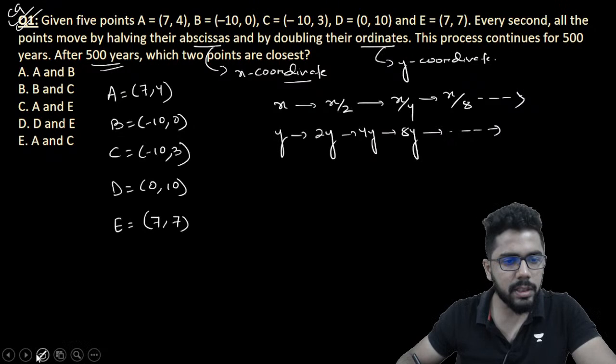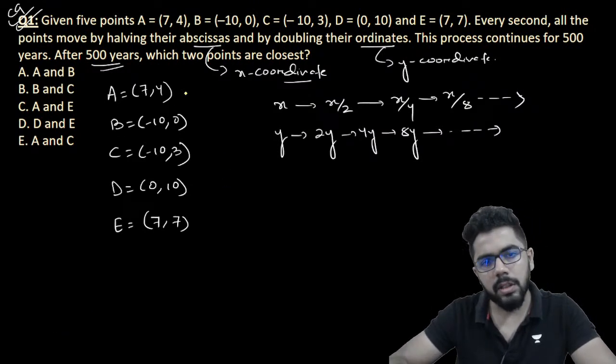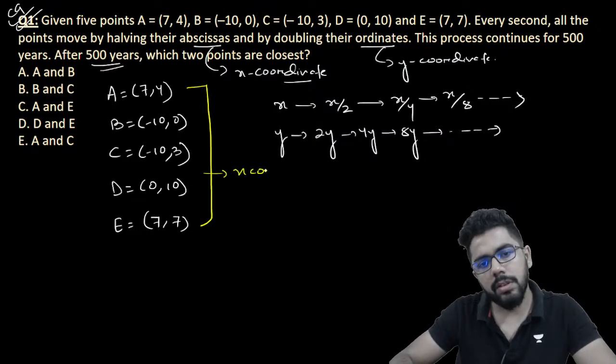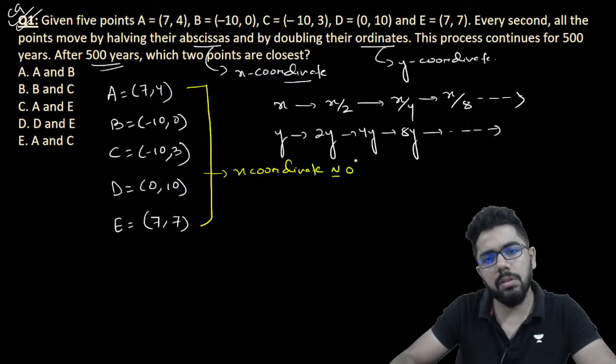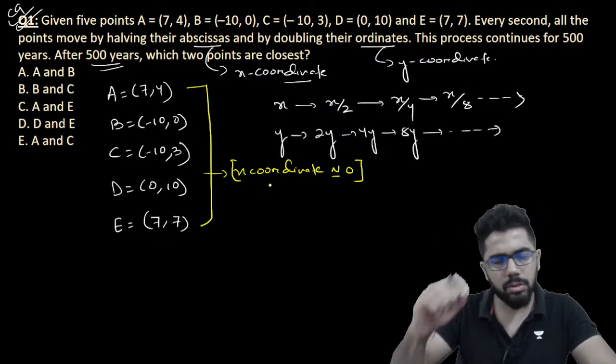So I can easily say that the x coordinate of all these points is approximately 0, somewhere close to 0.